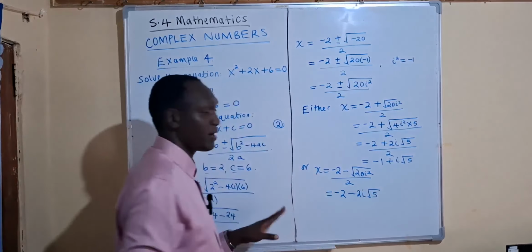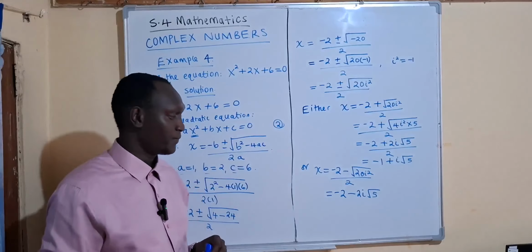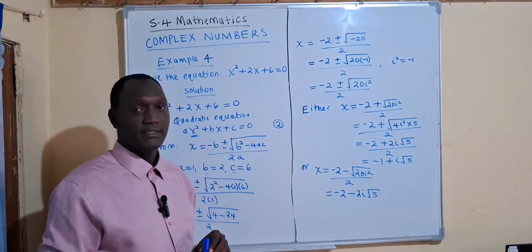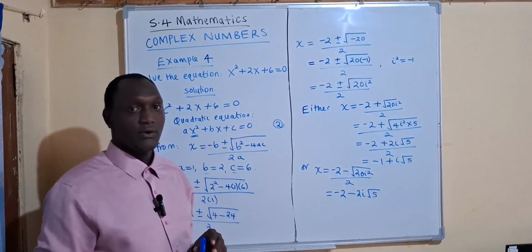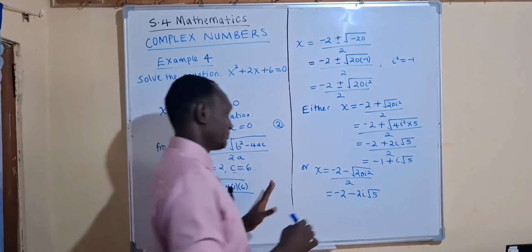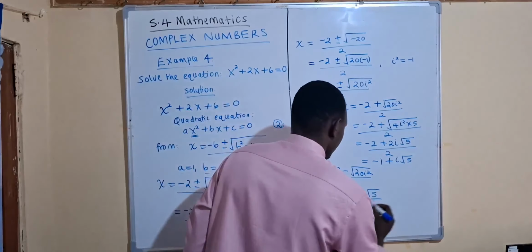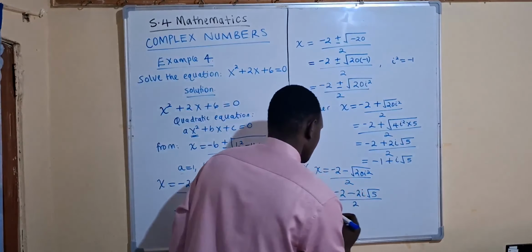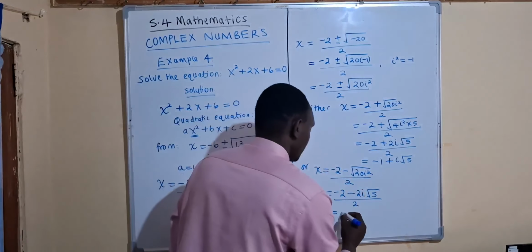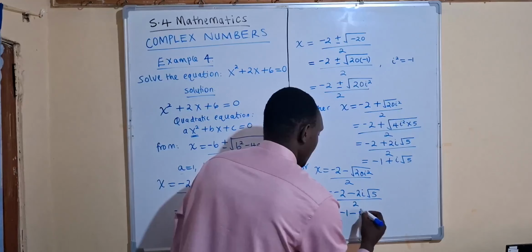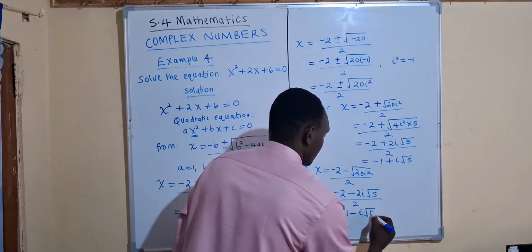Please go and revise your surds very well, and you can find a list of videos on our channel. Divide by 2. If I distribute the denominator, it will give me -1 minus i root 5.